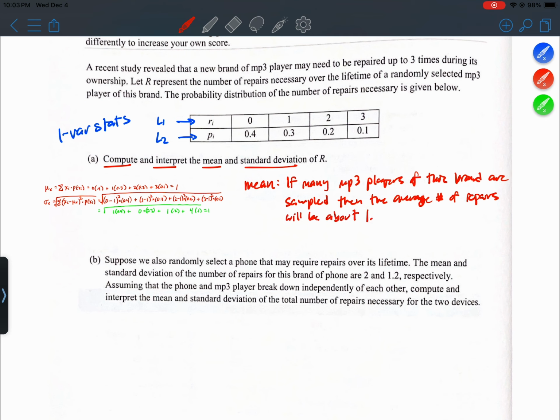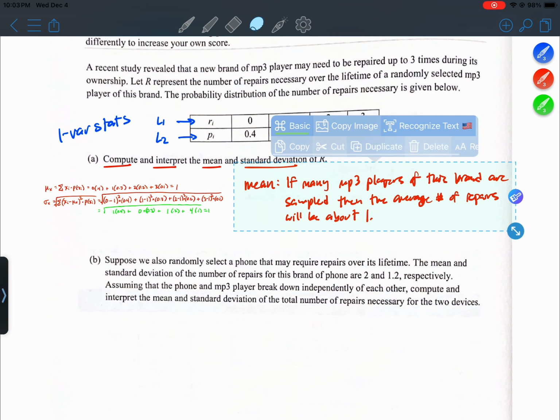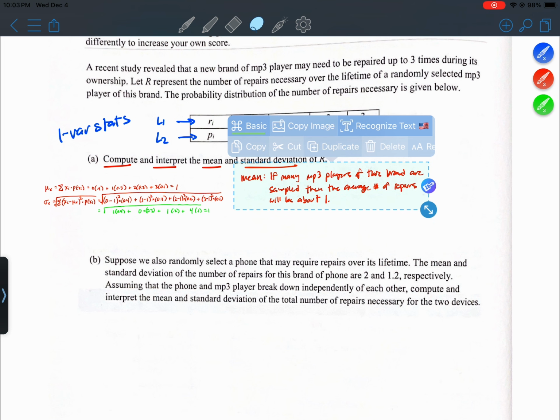So your typical MP3 player is going to need 1 repair in its lifetime on average. Now even that is a little bit too big. I didn't leave myself that much space for the standard deviation.